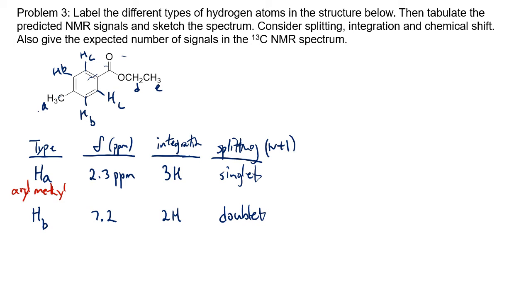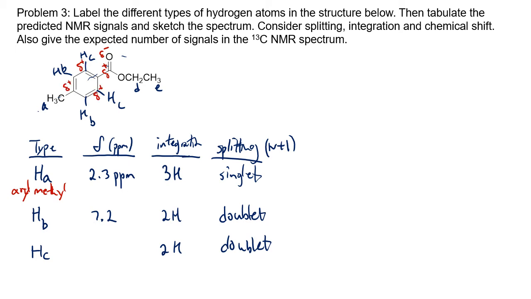HA, HB, and then HC is going to be similar to HB. 2 H's, doublet. HC has HB as a neighbor. Now, the delta, this chemical shift, is going to actually be a little bit higher, because if we remember this system here where we went through some examples like this, that carbonyl is withdrawing electron density, which is going to make HC a little bit electron poor.